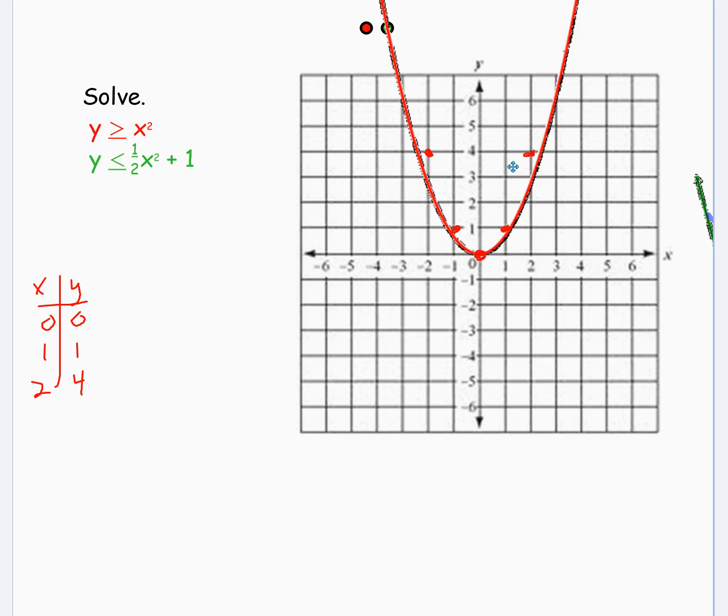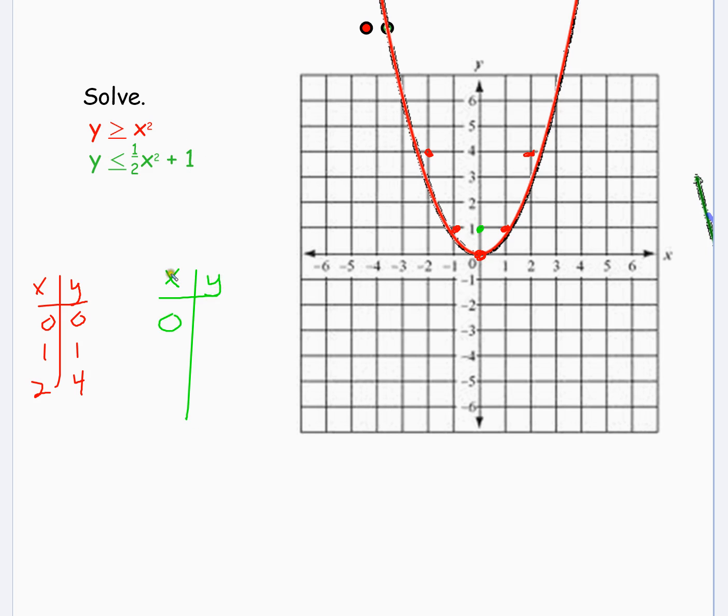And then what we're going to do is this green one. We want to graph this. And this one is a parabola again. It's going to be moved up 1 because it has a 1 here, so we're going to have our vertex here. This is going to make it less steep. And so we can put a couple points in there. I'm going to use even numbers.